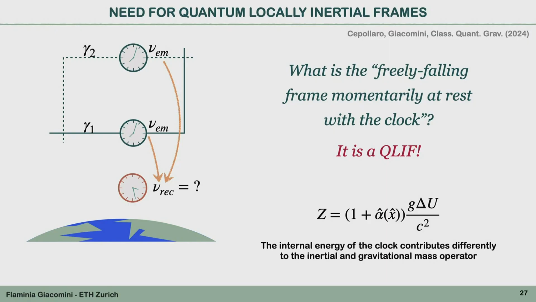In particular, it's diagonal in position. And here it's as if we were saying that the internal energy of the clock contributes differently to the inertial and gravitational mass operator, and also that if we take the quantum local inertial frame associated to the clock, this clock knows where it is through the gravitational field, through the quantum position operator of this clock.